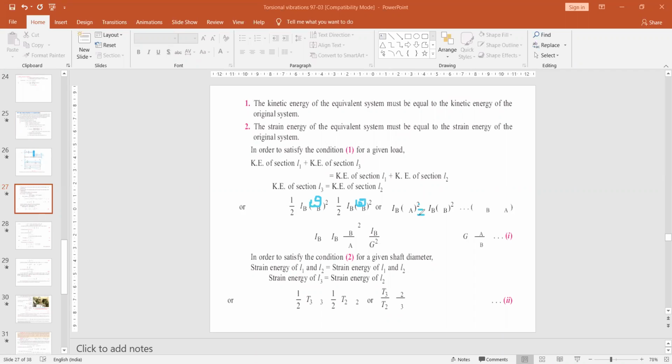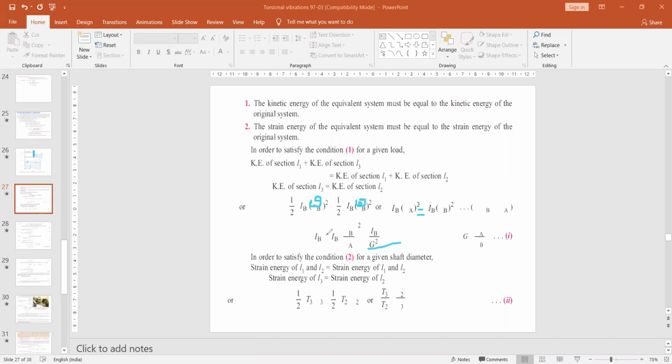In this, let us find the relation between IB and I. IB equals I into omega B by omega A square, and similarly omega A by omega B means G square.